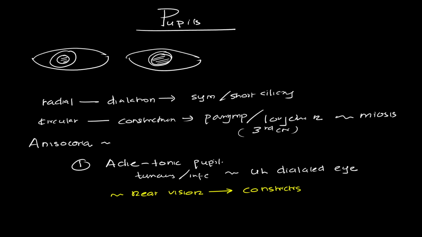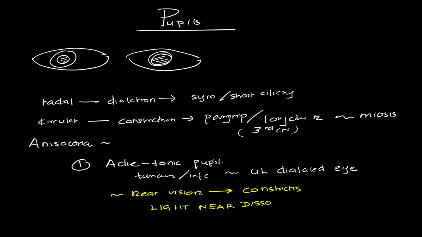But in this patient, if the unilateral dilated eye shows constriction when focusing onto a nearby object, then there is a dissociation between the light reflex and the near accommodation reflex. So the term that you usually give is light-near dissociation.